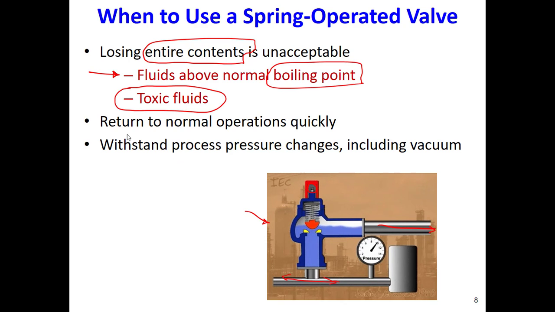And when we want to go back to the normal operation quickly, here the valve will be open only once it is needed, and once the pressure is relieved, it comes back to its initial condition and the process will be working normally. So we want a quick return to normal operation.